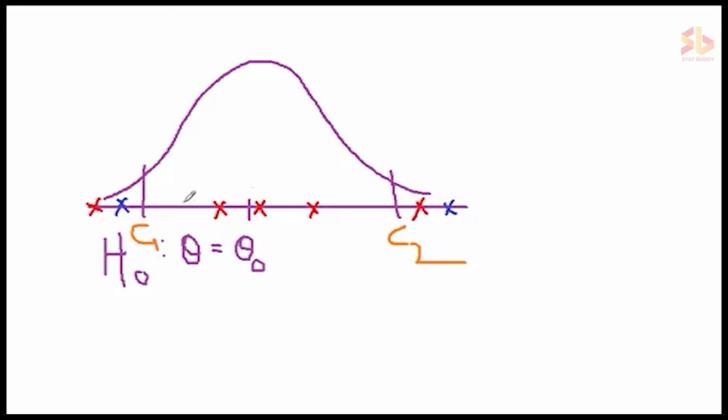But if that value is between C1 and C2, we can't reject H naught. So that is the process of making the decision.